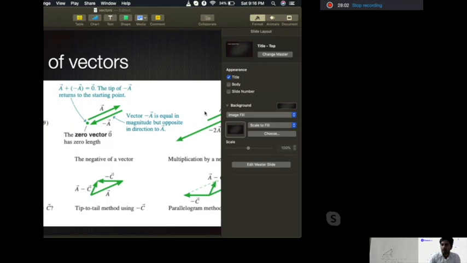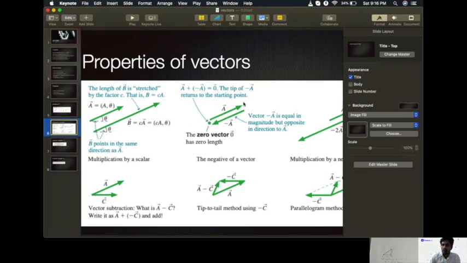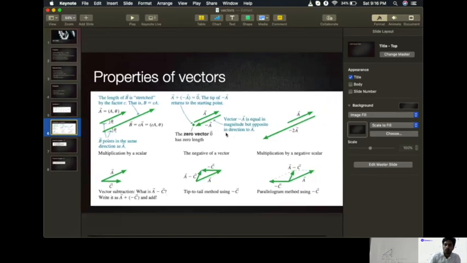That's the same thing being indicated here. You see, A bar is in this direction and minus A bar is just in the opposite direction. So when you add A bar and minus A bar, you're going to come back to the same point. It's a 0 vector. Now, suppose I subtract a greater vector, basically I subtract 2A bar from A bar. What would happen?